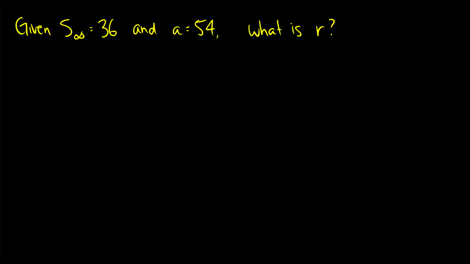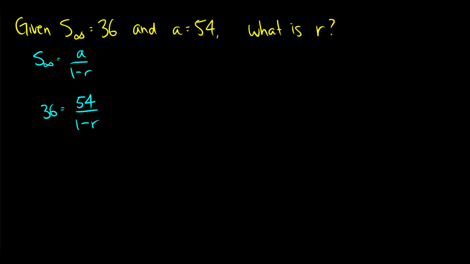We have one more thing we can do here, just for some formula play. Instead of solving for the sum, we're going to be given a sum, and we're going to be given a value, or a starting value, and we're going to say, what is r? So, s infinity is equal to a over 1 minus r. So we have 36 is equal to 54 over 1 minus r.